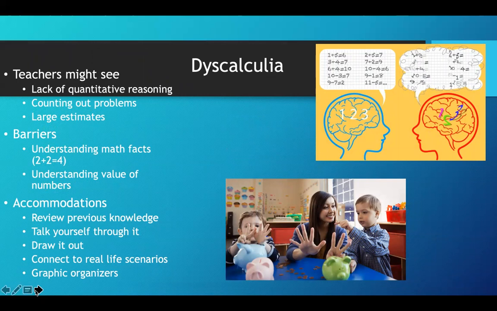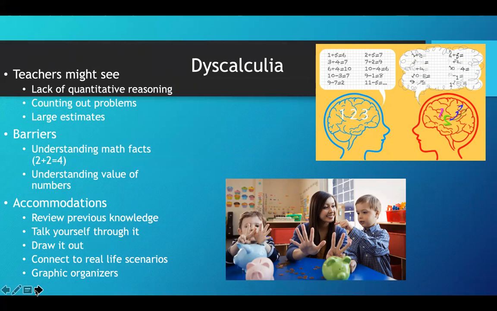So dyscalculia, like I previously said, it affects math. And as a teacher, you might see the lack of quantitative reasoning. A student may be able to find the answer, but they can't really tell you how they got there. They can't reason with you of how everything worked. They just kind of sort of found the answer.